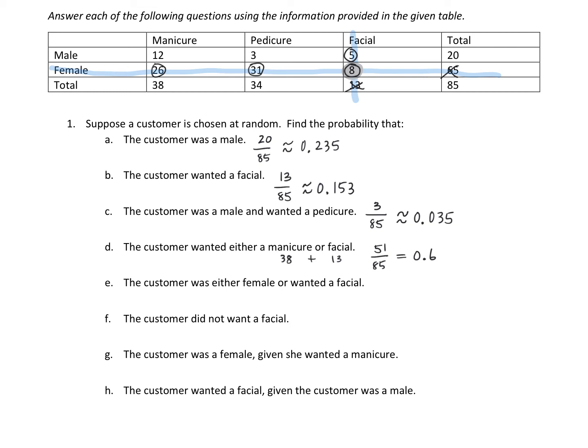That gives us our numerator. So 26 plus 31 plus 8 plus 5 is 70, over the total of 85. So we can divide that, and we would get approximately 0.824.